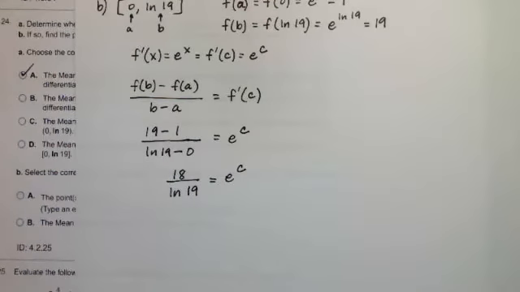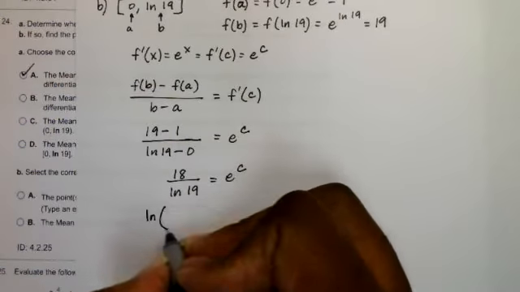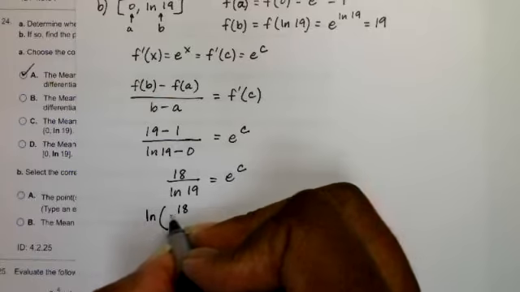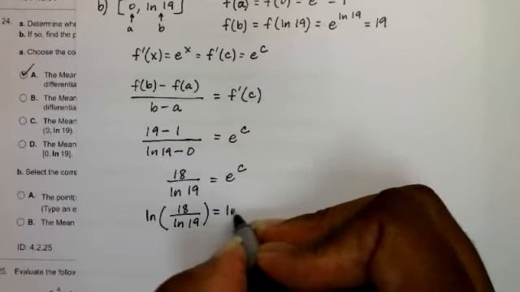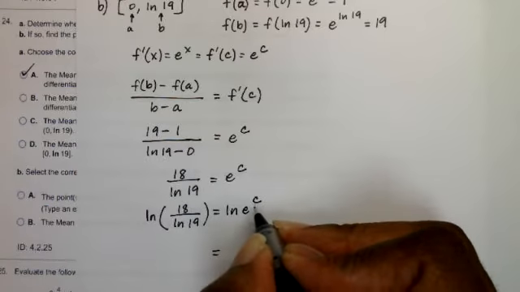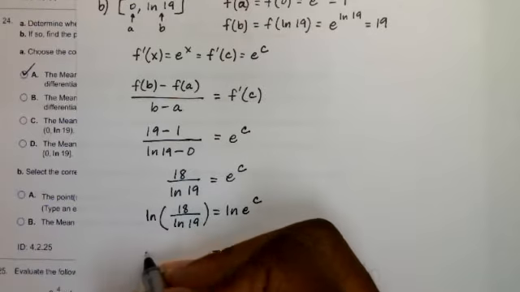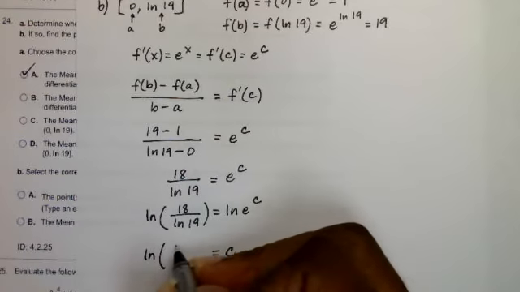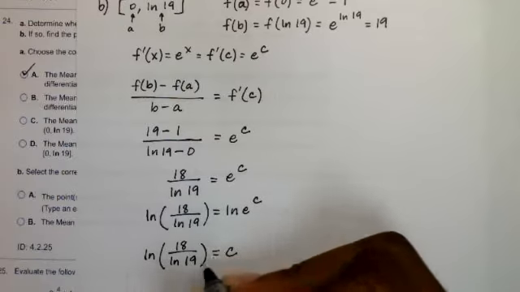Now let's find out what c is in this case. Well, e and ln are inverses of each other, so I need to take the natural log on both sides of this equation. So ln of e to whatever is whatever, so ln of e to the c will be c. And I'm not going to do anything with this ln of 18 divided by ln of 19.